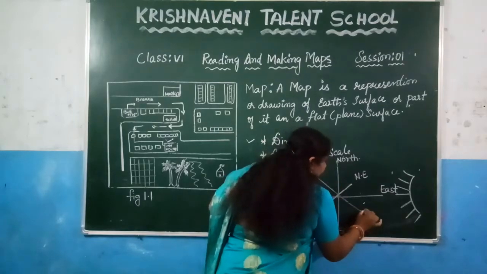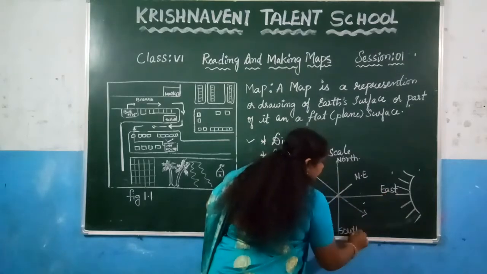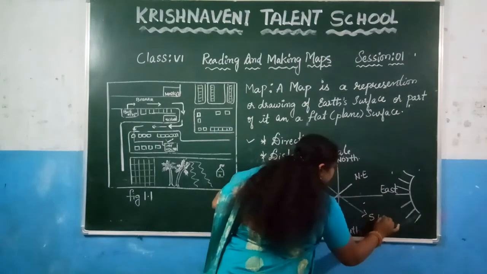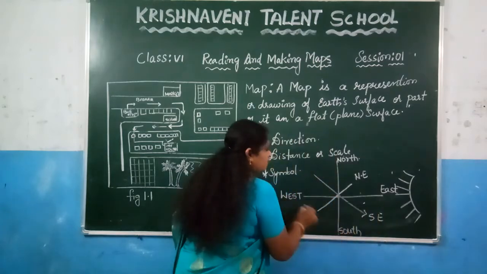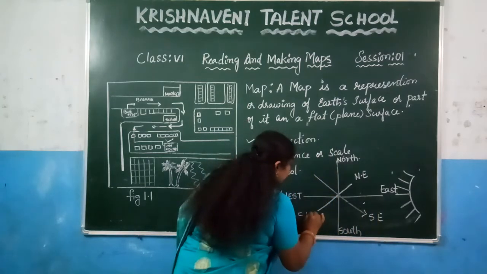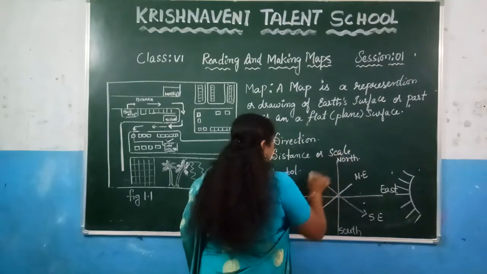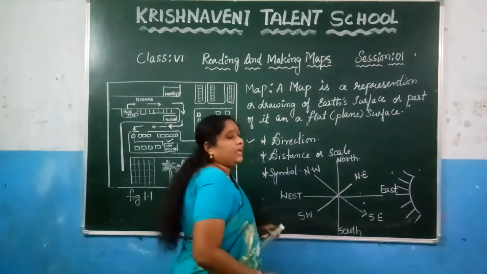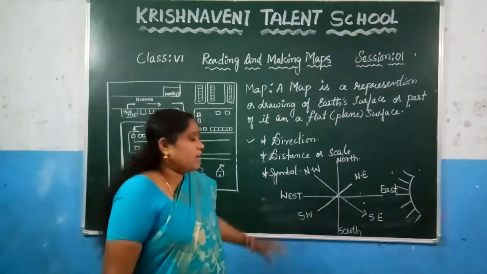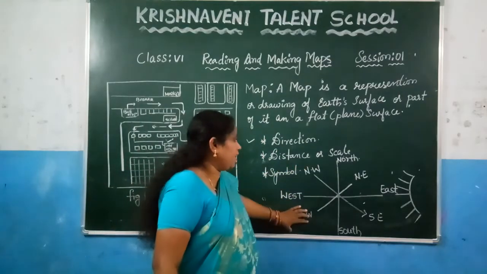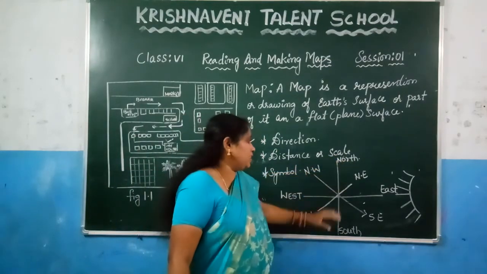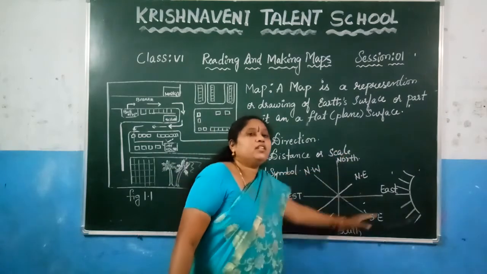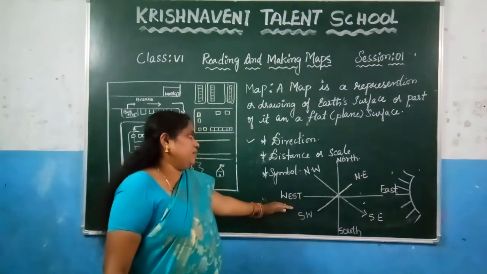The direction between east and south is known as southeast. The direction between west and south is known as southwest. And the direction between north and west is known as northwest. These are 8 directions. And apart from these 8 directions, the most important directions are north, south, east and west.